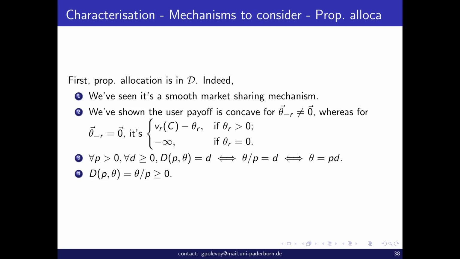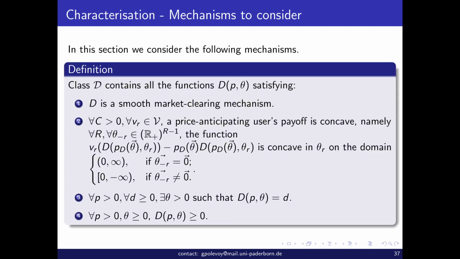Given a price, you may bid anything non-negative, so you may achieve anything pre-chosen non-negative. And the last one, of course, you always get a share of resource which is non-negative. So the proportional allocation, what we did, is indeed one of those mechanisms in this class.